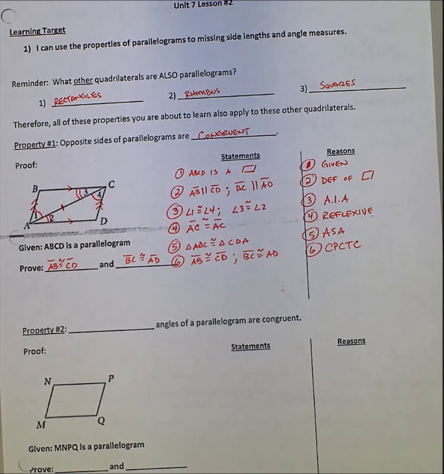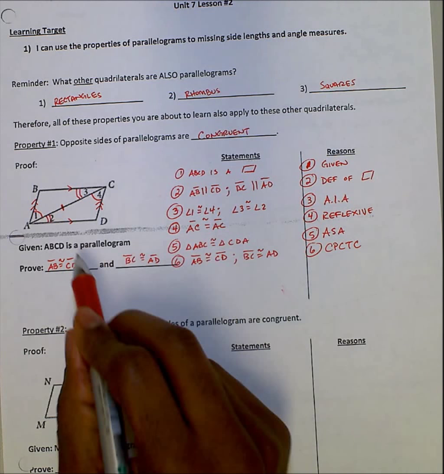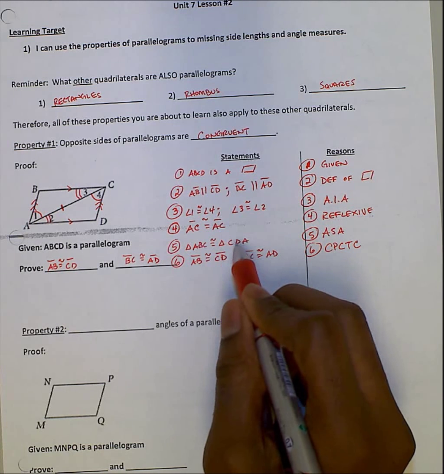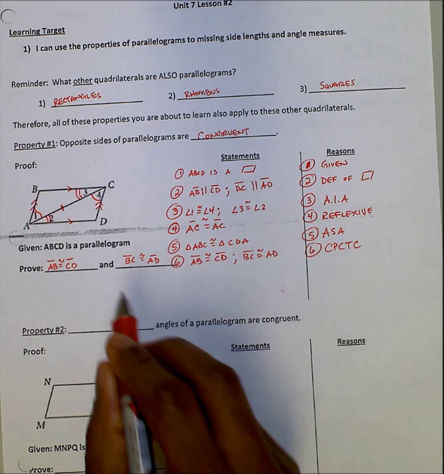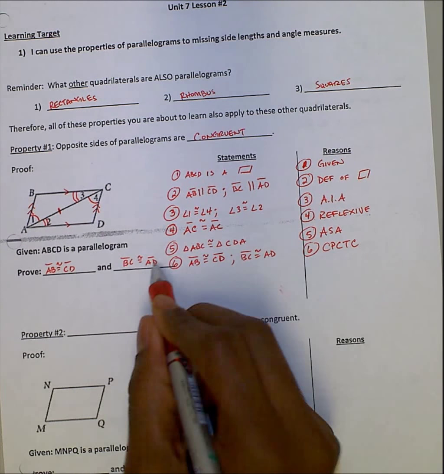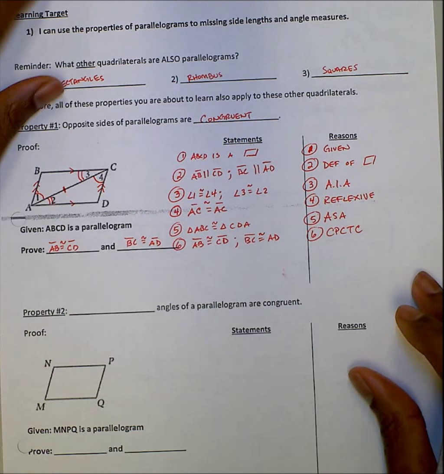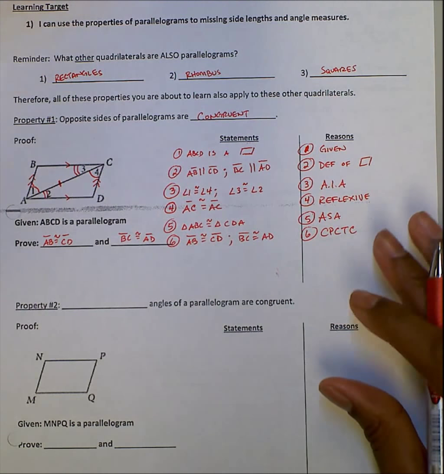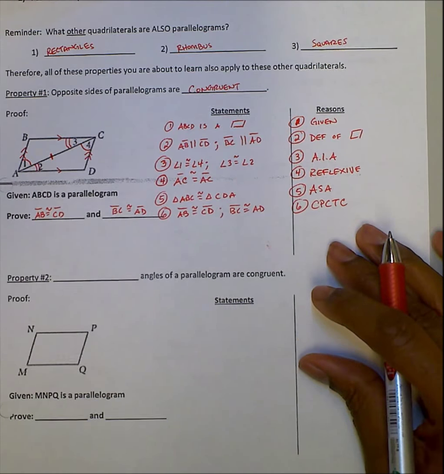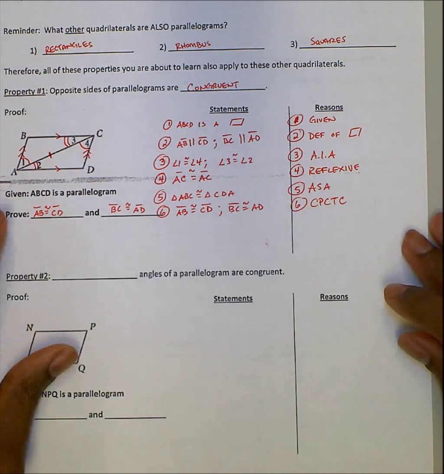Corresponding parts of congruent triangles are congruent. Here we have it, just by that rule. Setting that up is kind of a reminder from last semester, but it works out.